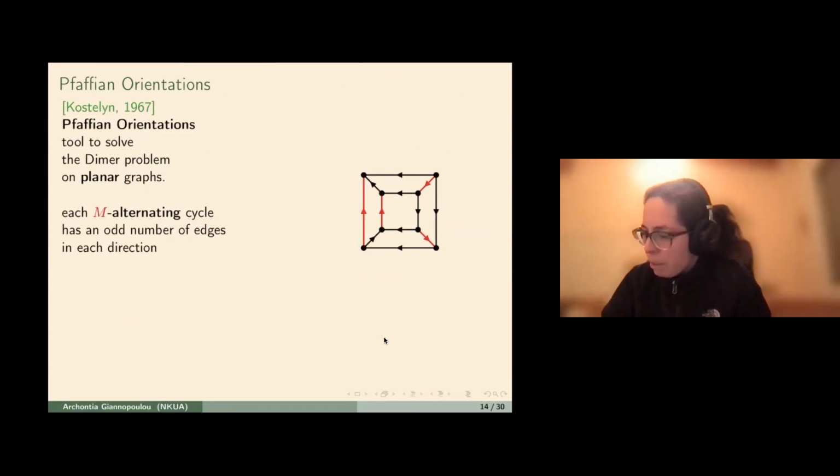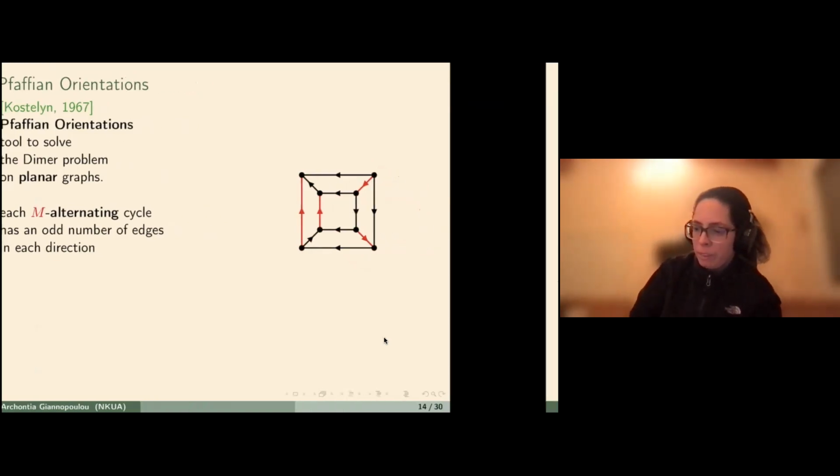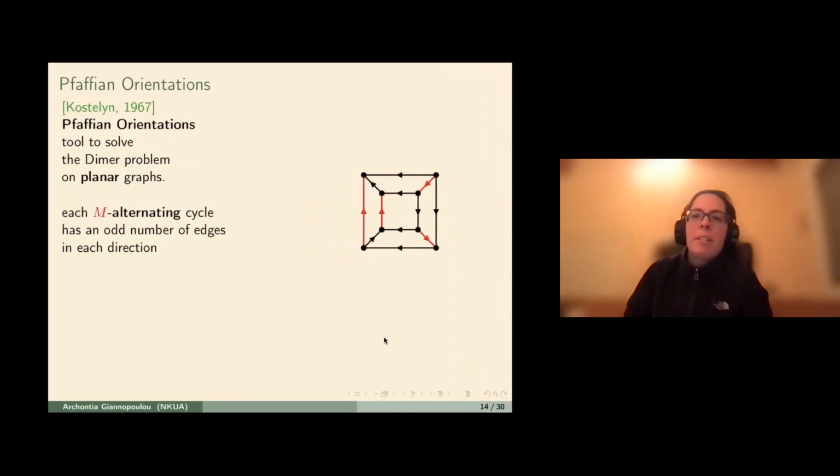So for example, if we see this graph, it has a perfect matching. If we look at this cycle, we have 3 edges going along one direction and 1 edge going the other, so odd. Same for this, etc. So a graph is Pfaffian if it admits such an orientation.